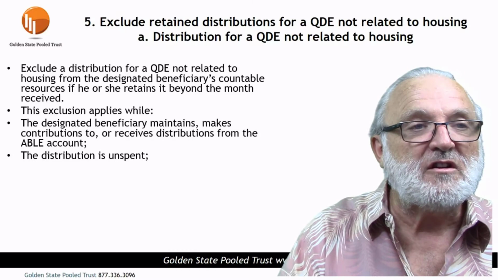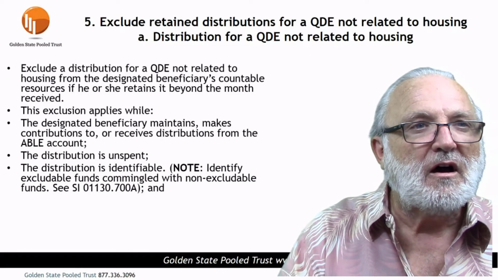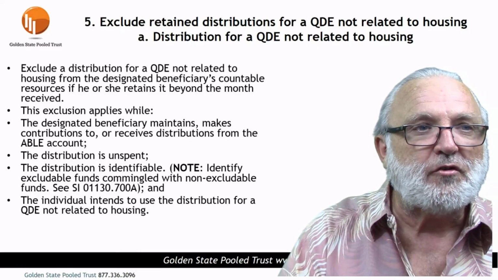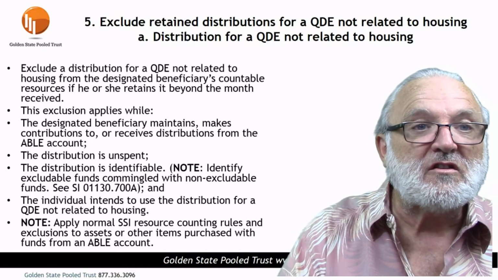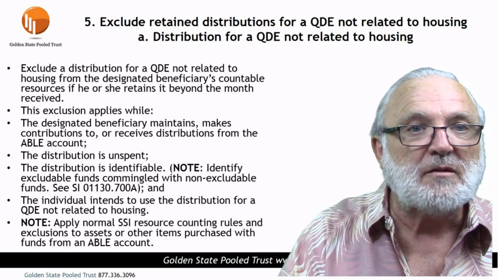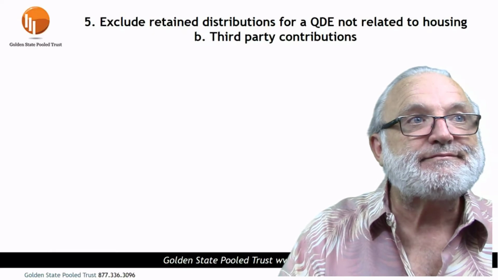The distribution is unspent, the distribution is identifiable, and the individual intends to use the distributions for a QDE not related to housing. Note, normal SSI resource counting rules and exclusions to assets or other items purchased from the funds of the ABLE account still apply.